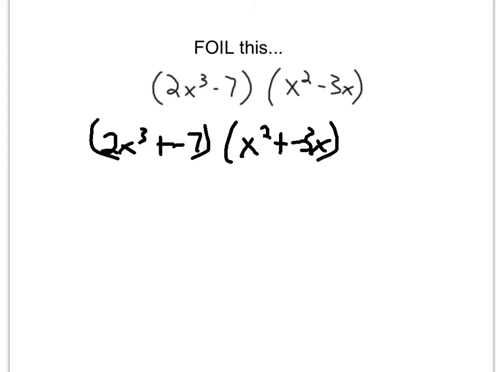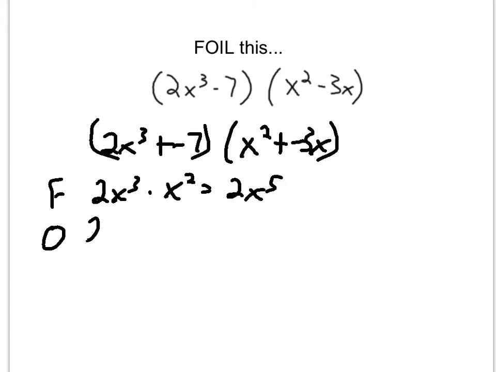Okay, so FOIL, my firsts, I'm going to take 2x cubed times x squared. Well, that is 2x to the 5th power because we add the exponents together. Outers is 2x cubed, right here, times negative 3x. Well, 2 times negative 3 is negative 6, and x cubed times x is x to the 4th.